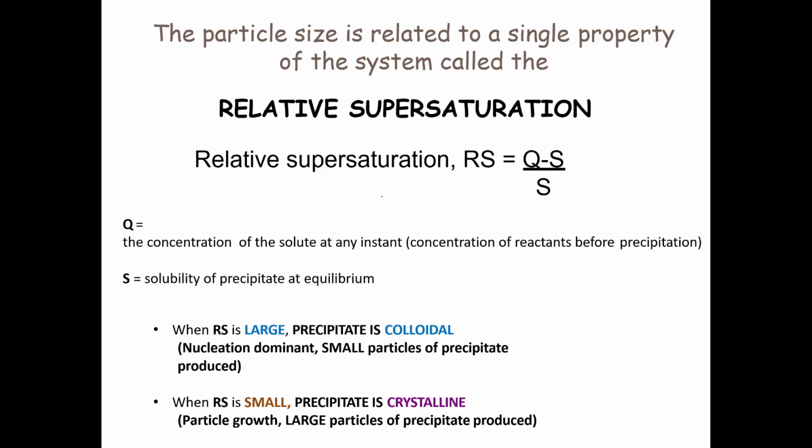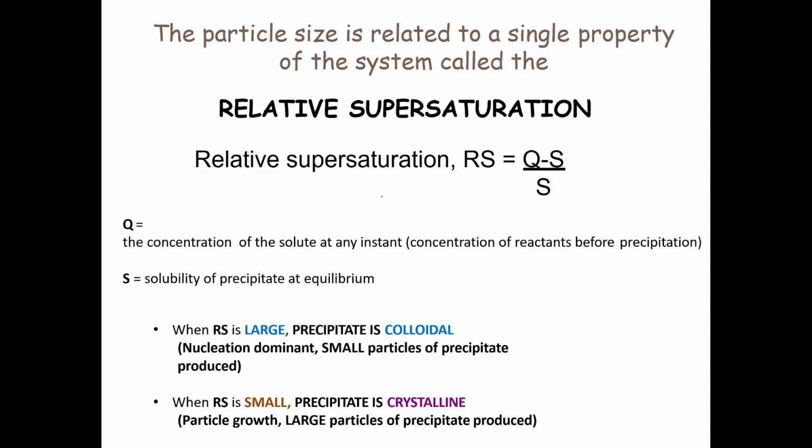So this is the explanation about the RSS. RSS is the relative supersaturation, where RS equals Q minus S over S. So what is Q? Q is the concentration of the solute at any instant, which is the concentration of solute before the precipitation, and S is the solubility of the precipitate at equilibrium.